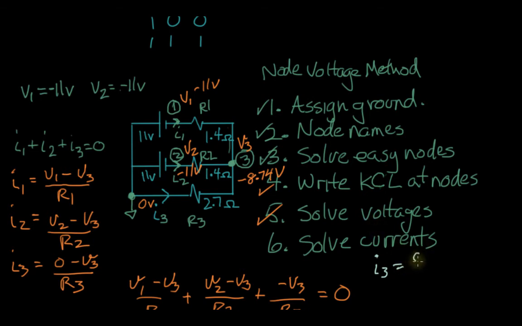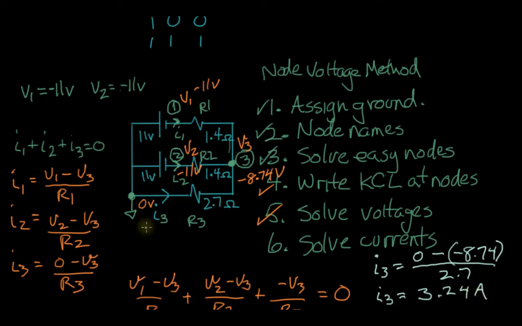It's going to be 0 volts minus negative 8.74 divided by 2.7 ohms. And that gives us I3 equals 3.24 amps.